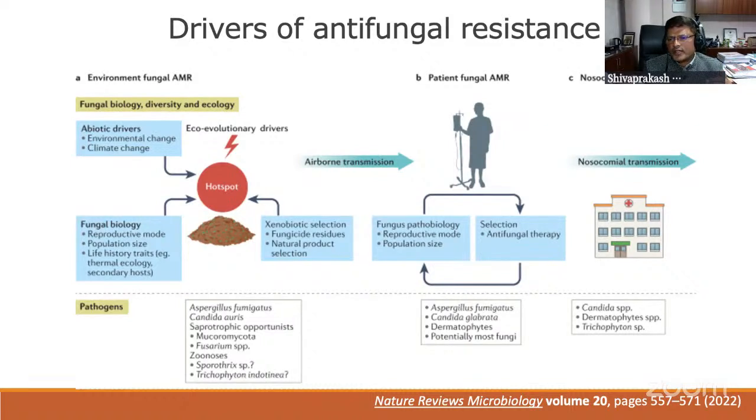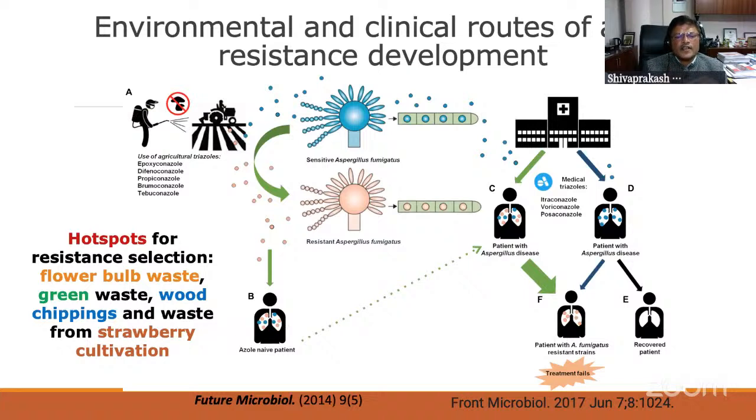Also nosocomial fungal AMR: once a patient acquires an infection with a resistant isolate, it can spread from there. These are the different major mechanisms or drivers of antifungal resistance.